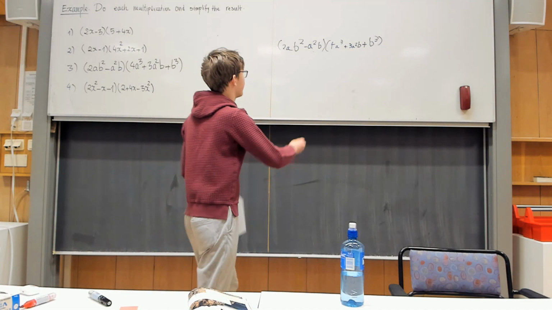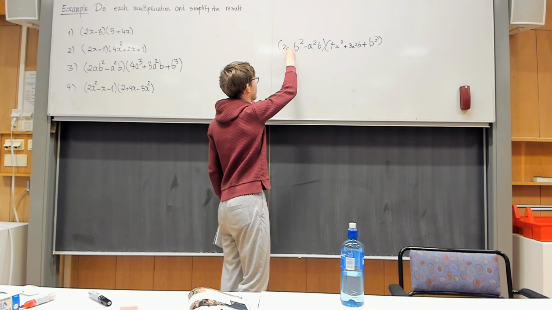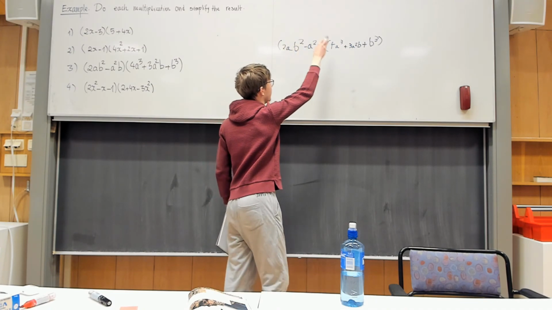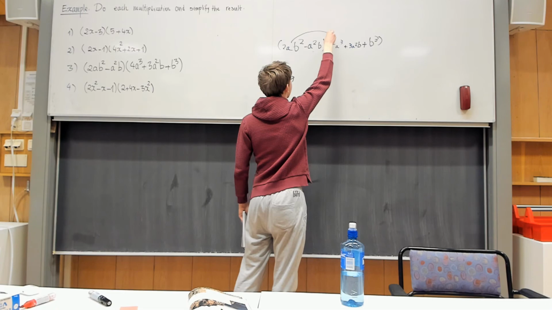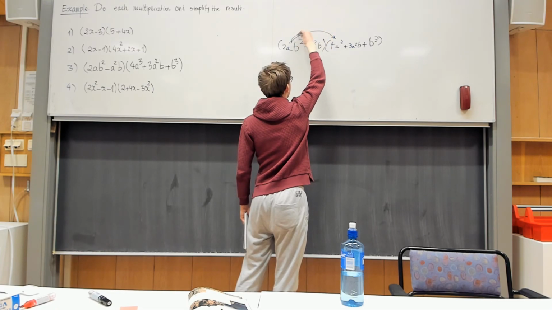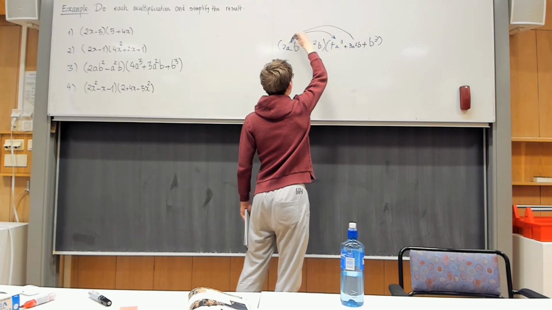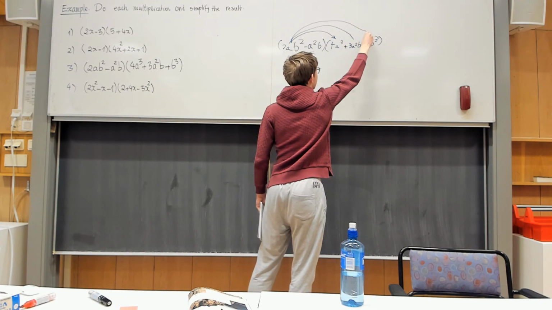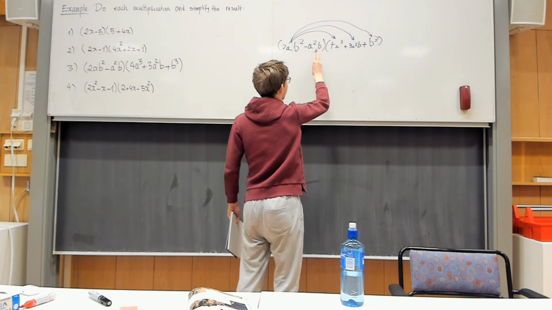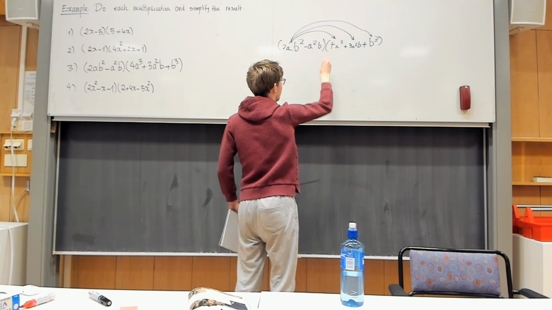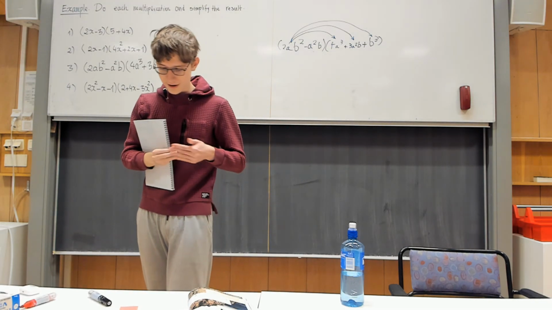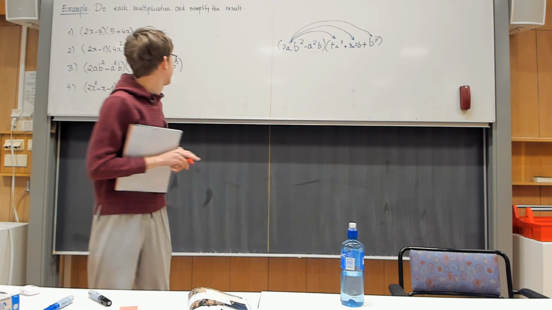Then we need to do this thing where we multiply everything in this one with all of them. It's very good. And then we do the same thing with this one, but it will get very boring. I can use a different color. Yes, thank you very much. That's very good.